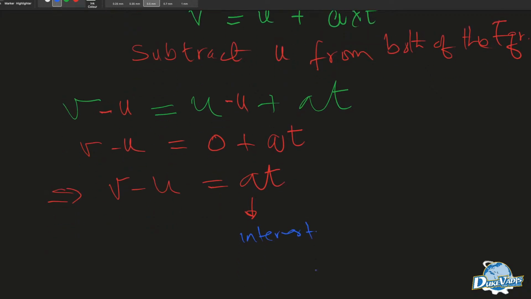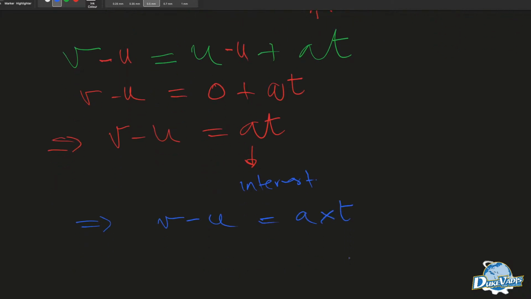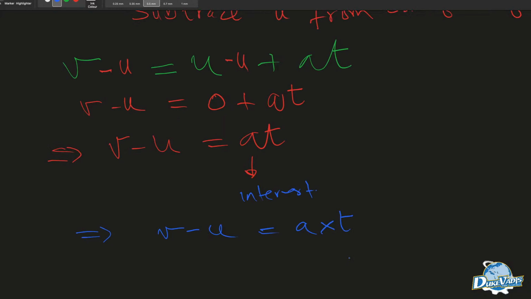Now since we know that V minus U is equal to A multiplying T, then to be able to make A stand alone, we have to do the inverse because of the multiplication over here.